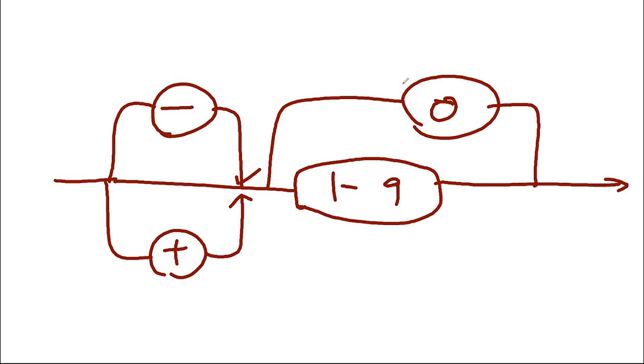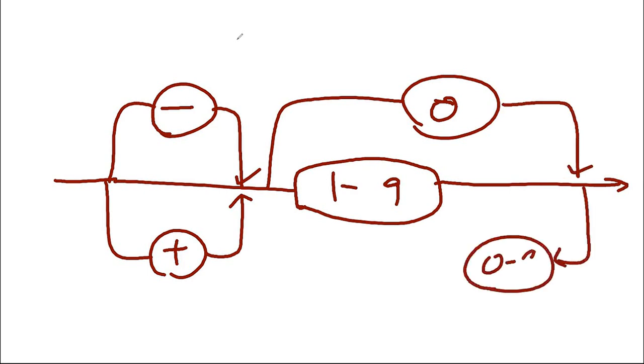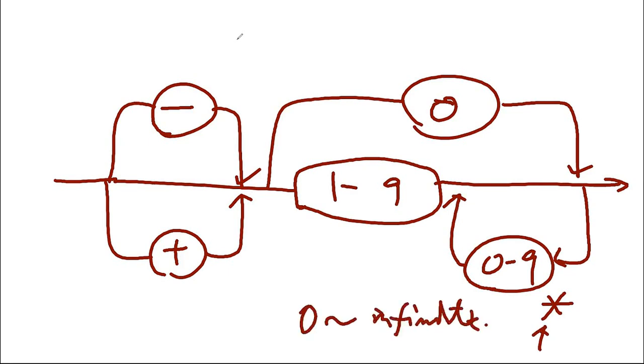I'm sorry, this one is too short. Let me put it a little bit longer. But this one is actually repeated, it can have a star. When you have this clean star, it actually means 0 to infinity times. Is that okay? So this one is called integer. Is that okay?